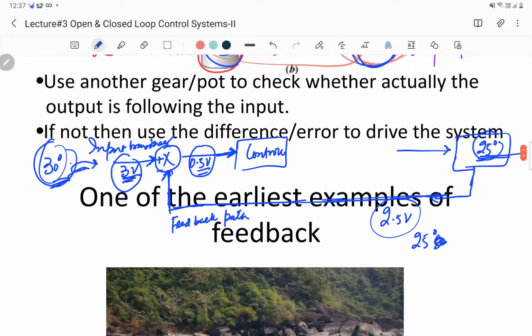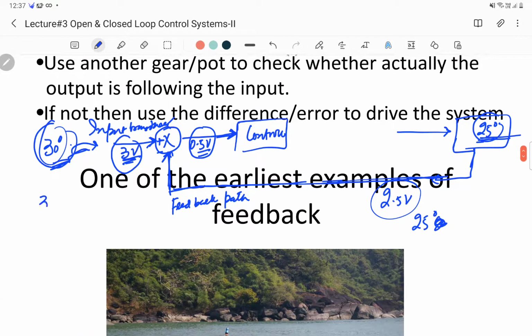Now say for example we intend to move it by 30 degrees. The antenna system rotates exactly by 30 degrees. So in this case, corresponding to 30 degrees, the input transducer produces a 3 volt signal, and the output transducer again produces a 3 volt signal corresponding to 30 degrees.